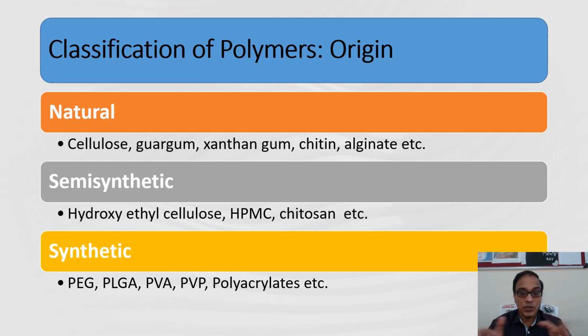These are natural polymers. Semi-synthetic polymers, which are slightly processed natural polymers like hydroxyethyl cellulose, hydroxypropyl methyl cellulose, HPMC, chitosan, etc. Synthetic polymers: polyethylene glycol, polylactide glycolic acid, PLGA, polyvinyl alcohol, PVA, polyvinyl pyrrolidone, PVP, polyacrylates, etc. So this is a simple classification you must learn.